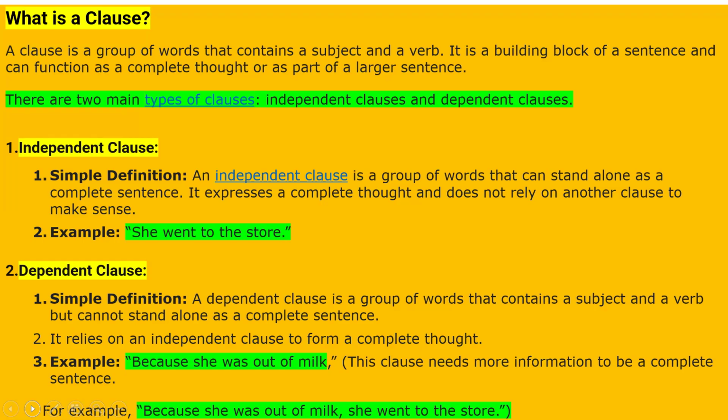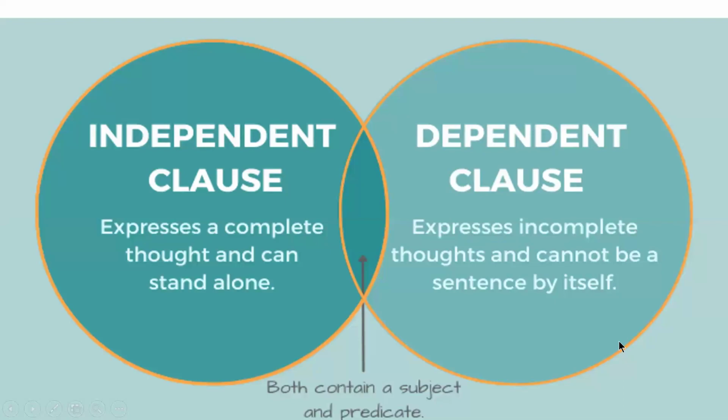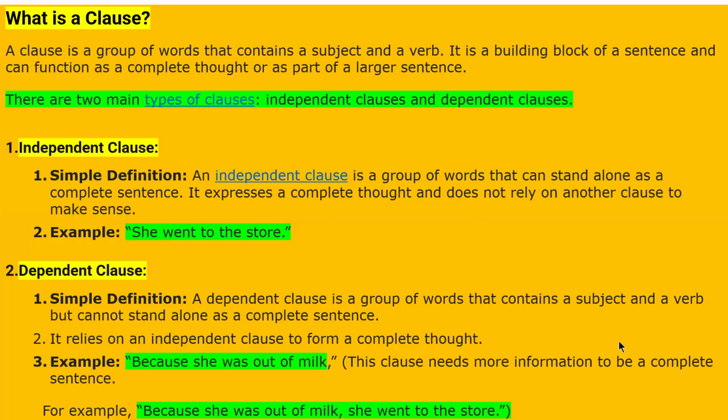A dependent clause example is given: because she was out of milk. This sentence is not giving complete, proper, clear meaning. So we have to complete the thought: because she was out of milk, she went to the store. Now this sentence becomes meaningful.